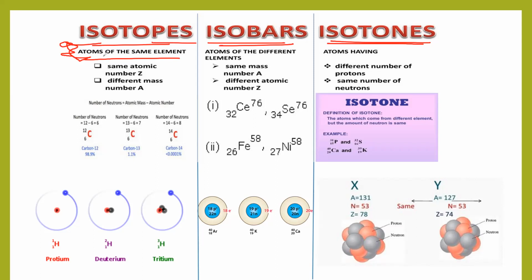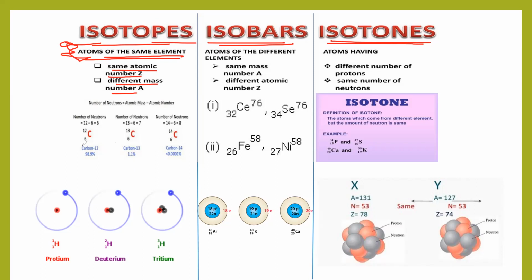So isotopes: atoms of the same element. Any 2 atoms of the same element will have the same atomic number but different mass number. For example, carbon 6C12 and 6C13 and 6C14.